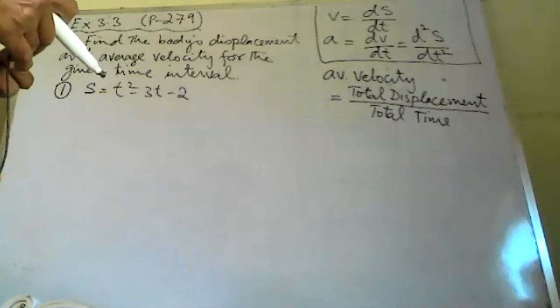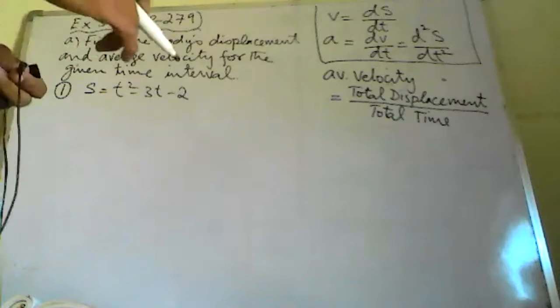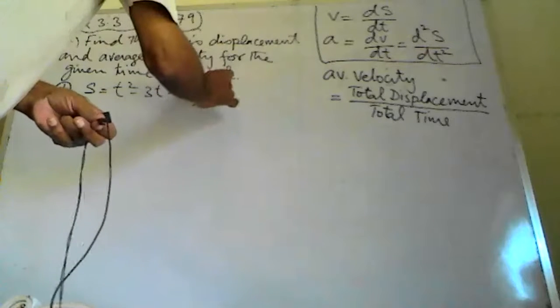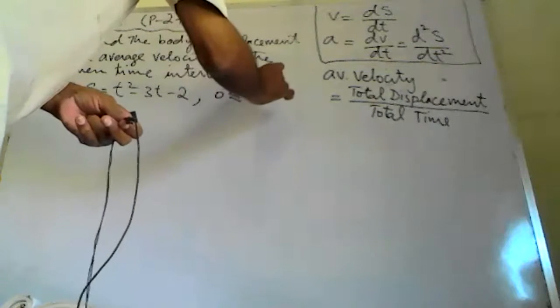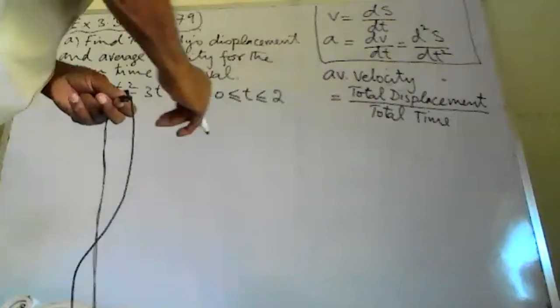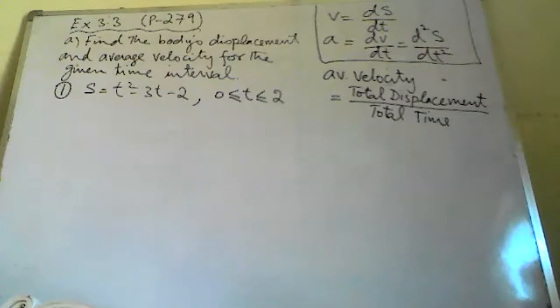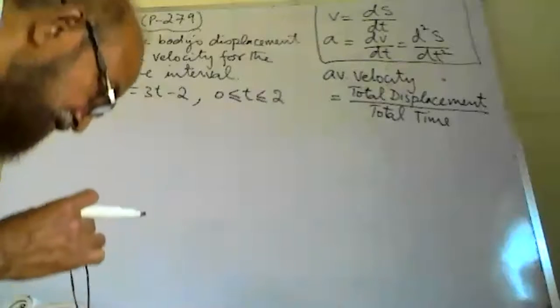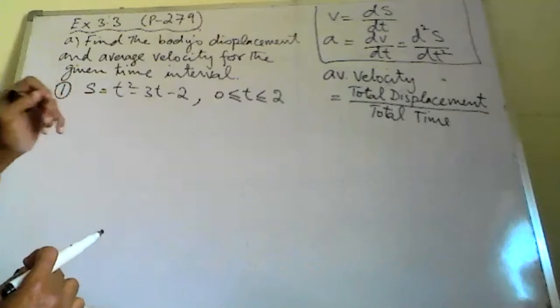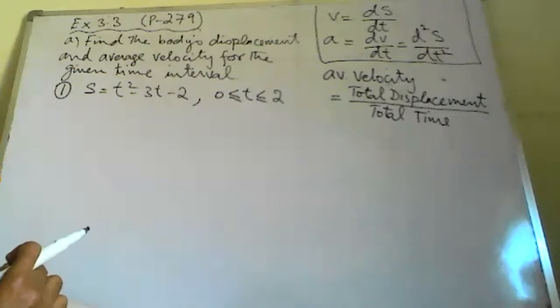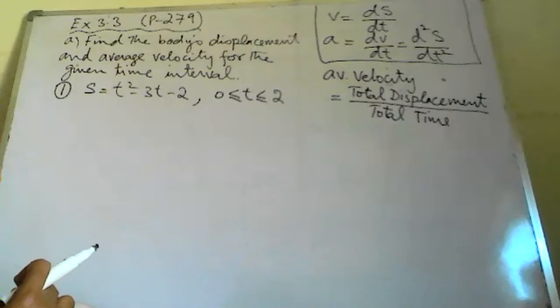And the time interval is given: 0 is less than or equal to t, which is less than or equal to 2. This is the time interval from 0 to 2. s is a function of t, s is equal to t square minus 3t plus 2.